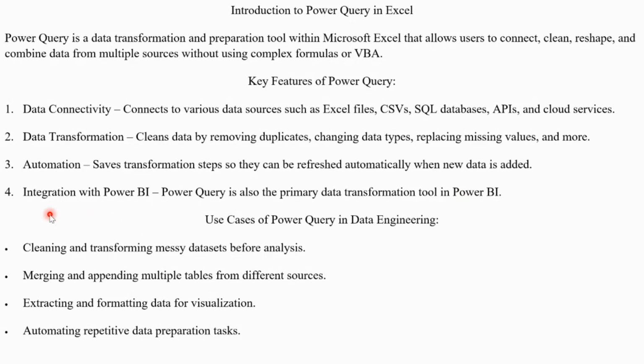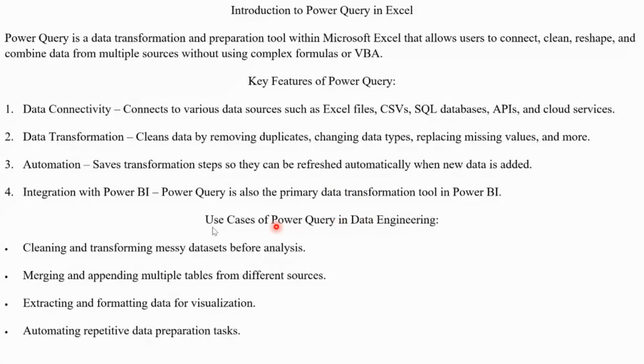Then integration with Power BI. Power Query is also the primary data transformation tool in Power BI, just like we have it in the Excel sheet. There are a few changes there, but both of them perform the same function.